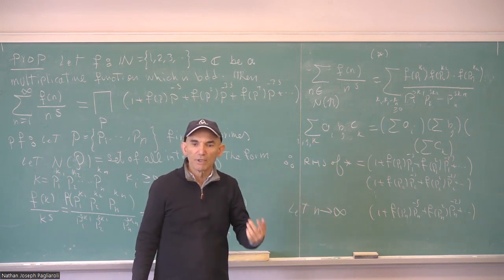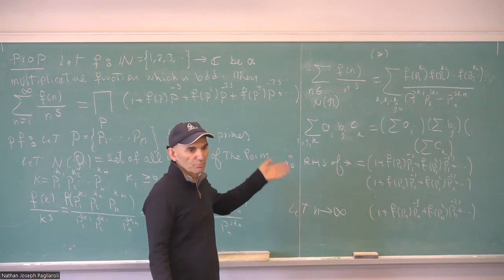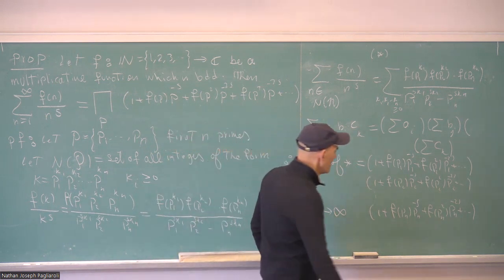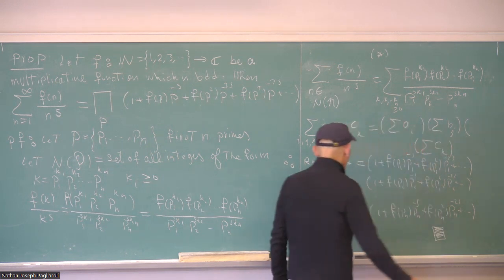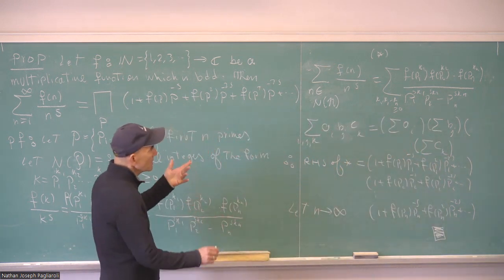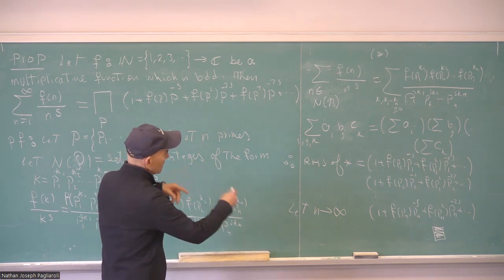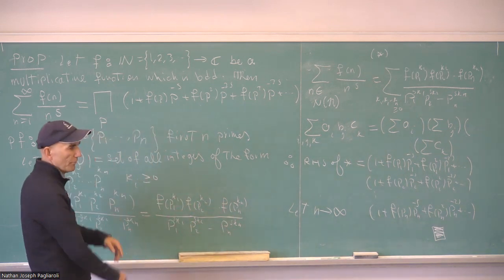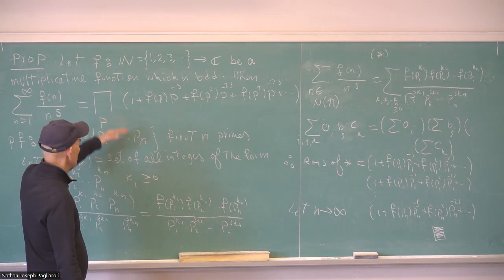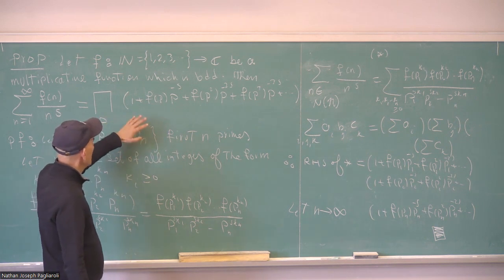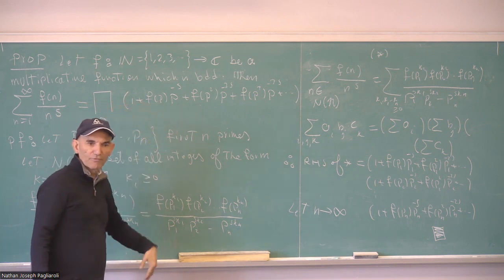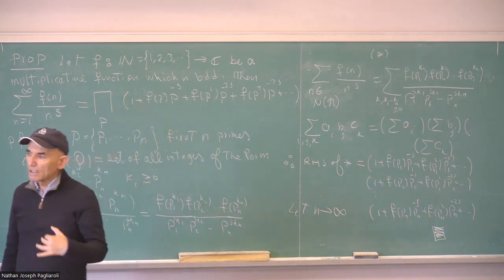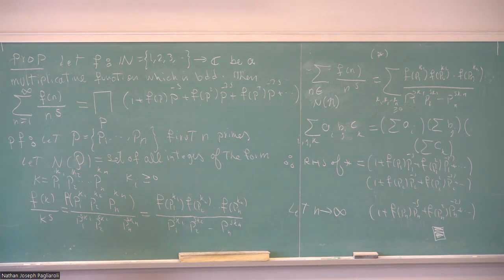If f is identically equal to 1, this gives us a proof of the Euler product. But it doesn't quite give us that, because there is a geometric series argument that I will provide right now. But this is useful on its own, this weaker form of the Euler product formula.